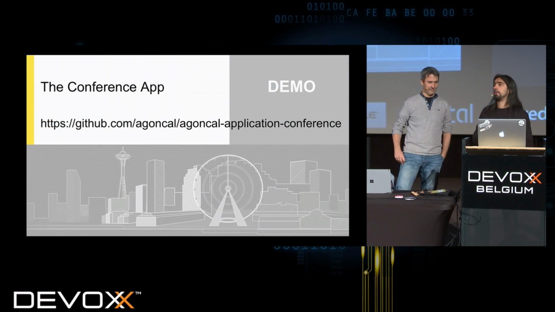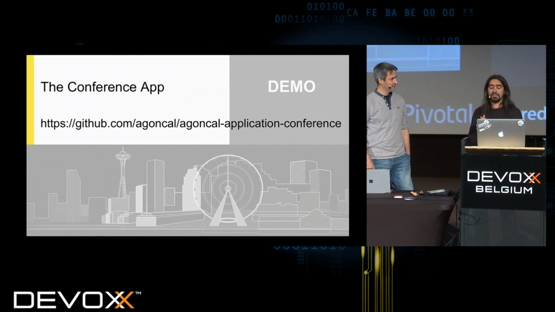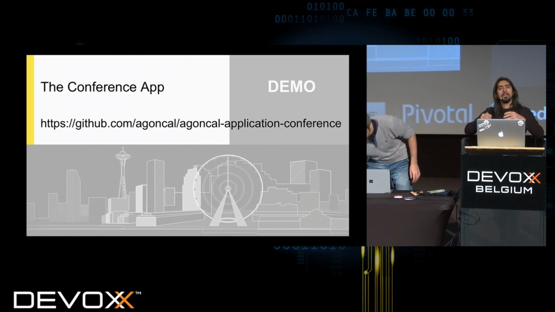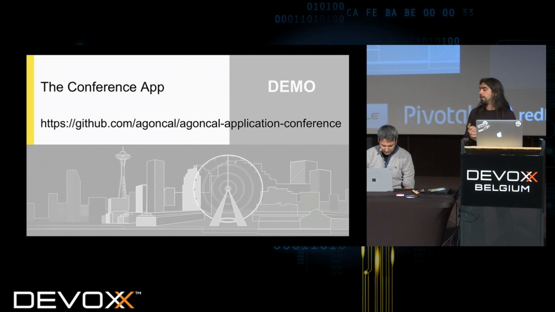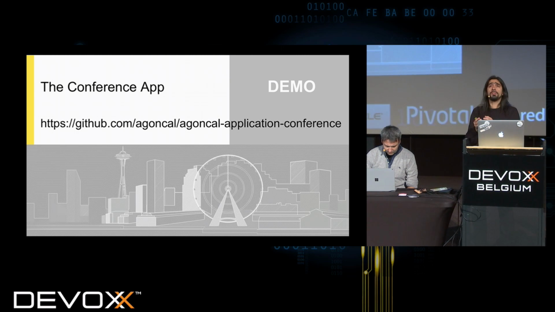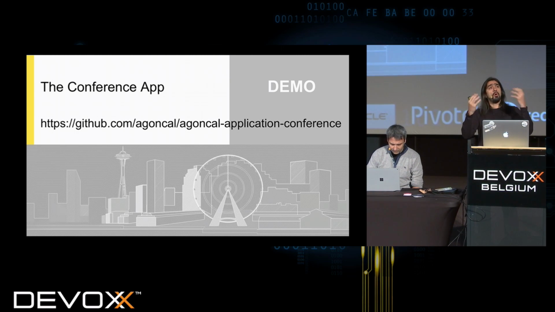Okay, so the demo time now. Sébastien is going to show you the final built web application. It's a conference application. We took all the data from the Devoxx Belgium database. So we have all the rooms of this venue, all the speakers, all the talks, all the schedules, and we decided to make a web app out of that.